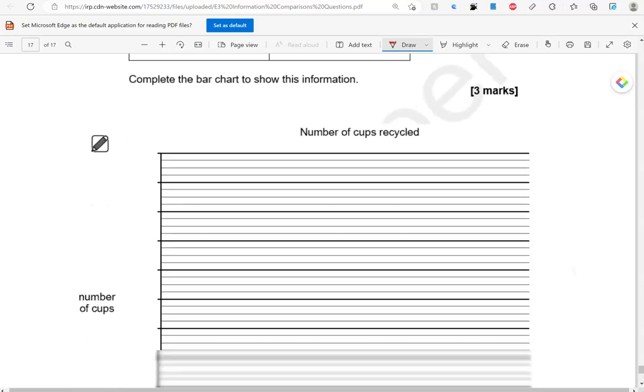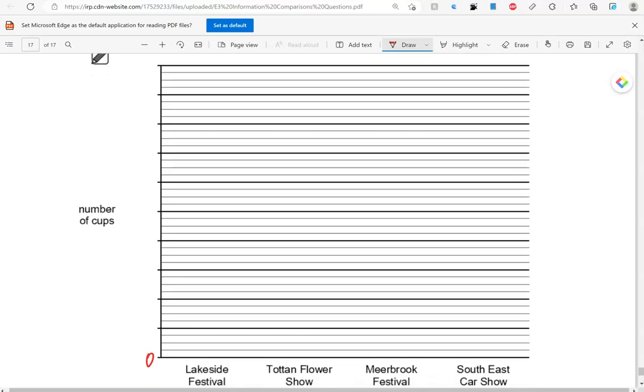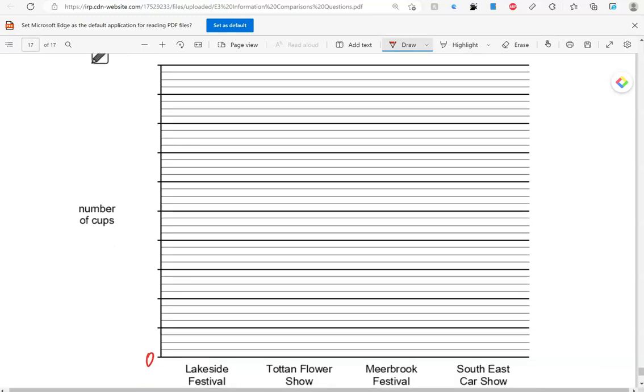So we're going to go up to 1,000. How many of these divisions do we have? 1, 2, 3, 4, 5, 6, 7, 8, 9, 10. So we're going to go up in 100. So it's going to be 100, 200, 300, 400, 500, 600, 700, 800, 900, 1000.